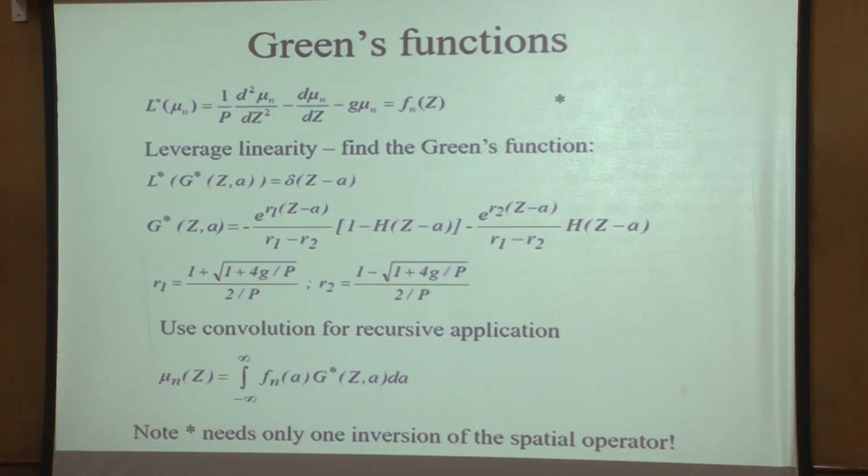So that's the nice thing, or what we would say is the elegant thing about linear systems. Even for heterogeneous problems, only one inversion of the spatial operator, which in this context simply says one Green's function and we are done. The rest of it is much easier.